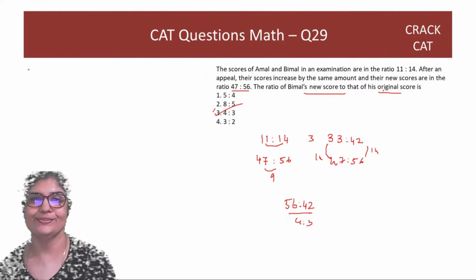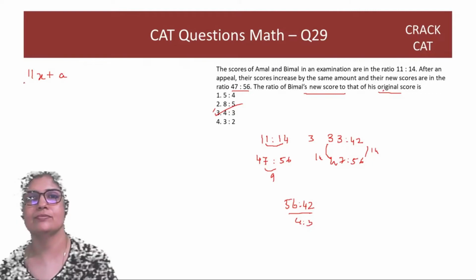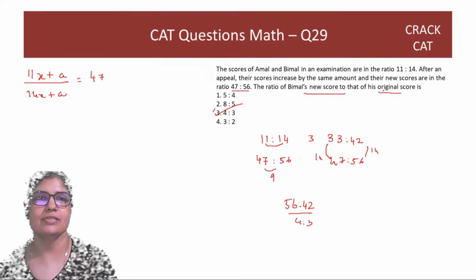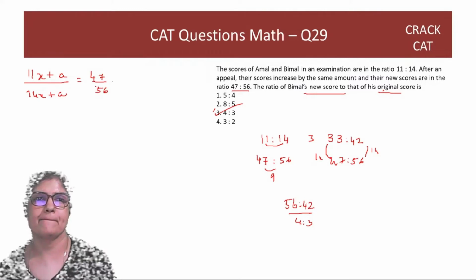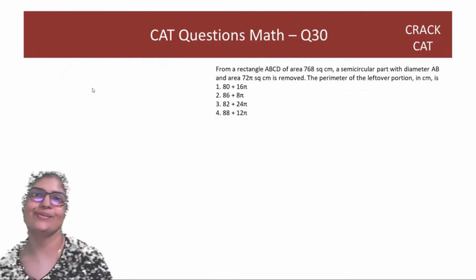So 11x plus a over 14x plus a is equal to 47 by 56. So please go ahead, you solve this. I'm not solving this, right? Next question.